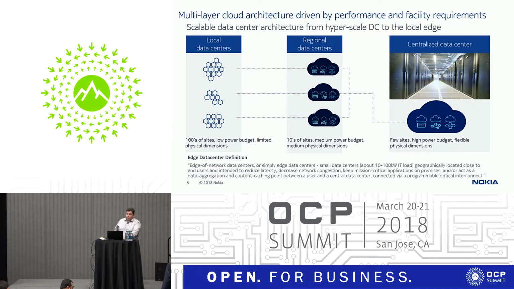And then rather tight limitations on the physical dimensions of the servers and as well the racks. So this kind of tiered approach is what we believe illustrates best where we are in terms of the requirements for the mobile edge or the distributed edge data centers.